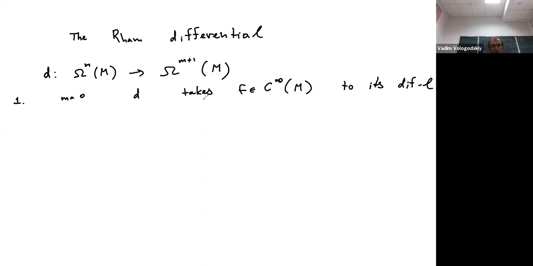So we already know what df is. Property 2 is that if you take the composition, if you take any differential form and apply d twice, you get 0 for any eta.